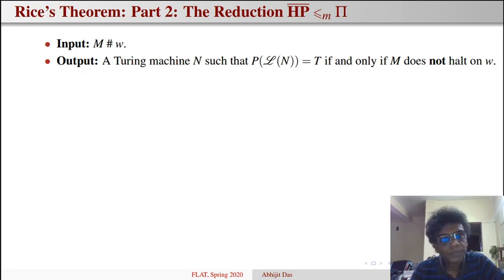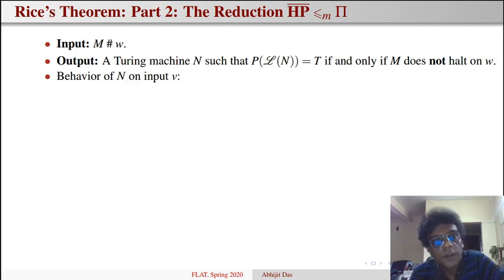Cool. Good. So what is the behavior of N on input V? Again, the output is a Turing machine N. So we should say how it behaves on its private input V. Okay. Now this N is designed as a 3-tape or 3-track Turing machine. Let's say 3-tape.